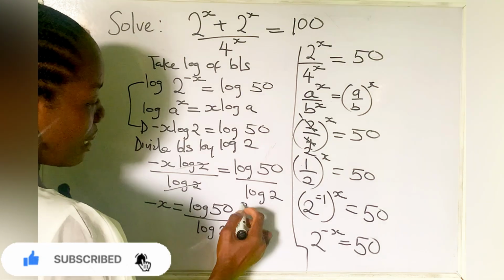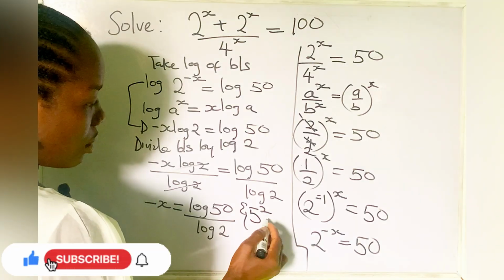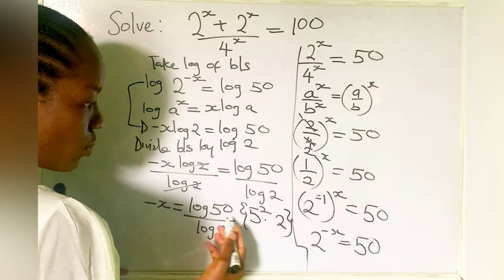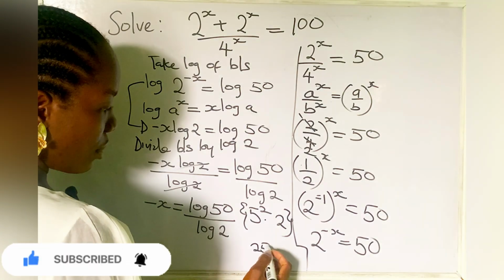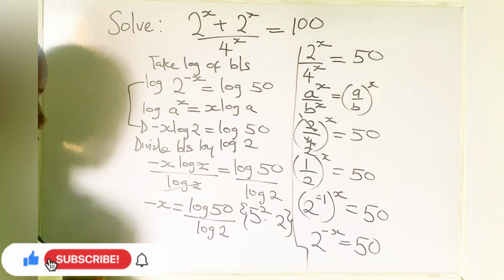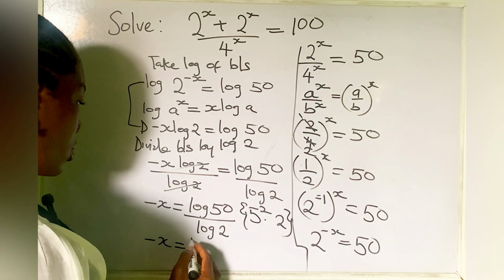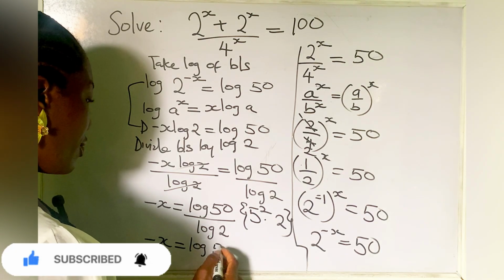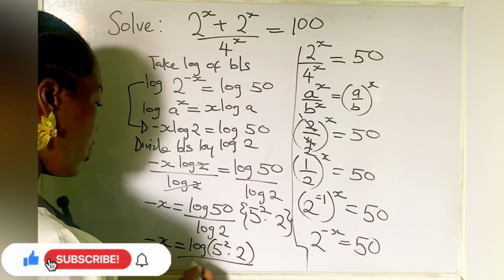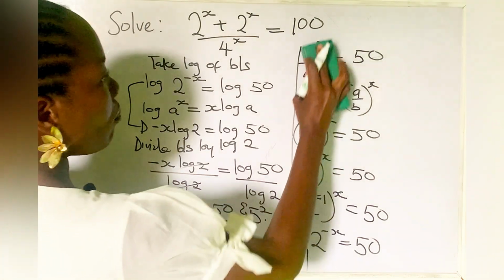And now log 50 can be written as 5 squared multiplied by 2, which is 25 multiplied by 2. So this is now minus x is equal to log of 5 squared multiplied by 2 all over log 2.